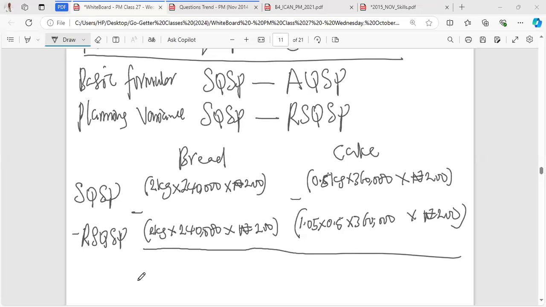The same thing here with that 190 kg for cake. We have 0.5 kg for 1 unit. We made 360,000 cakes. That should give you 180,000 kg required to make cake, but actually they spent 190,000. So know when to use which. When we are looking at standards, we take per unit and bring the number of units that we made.